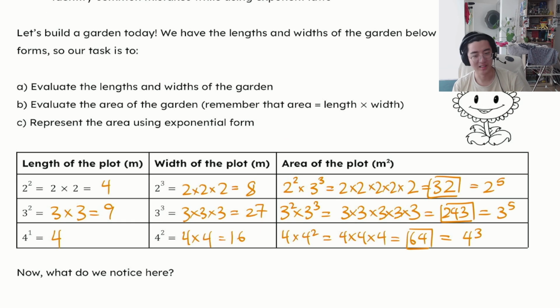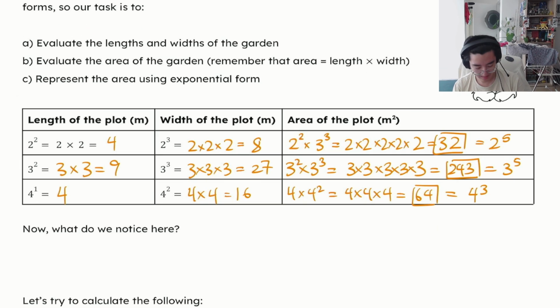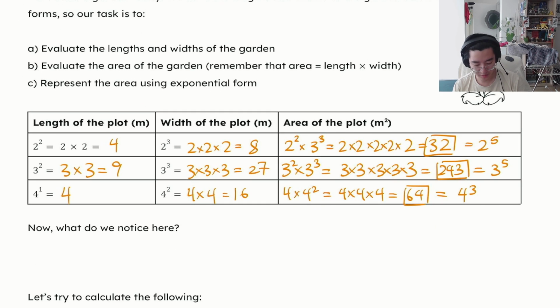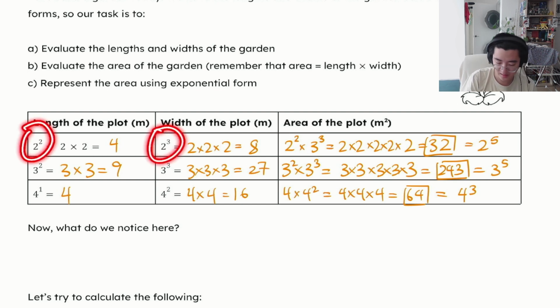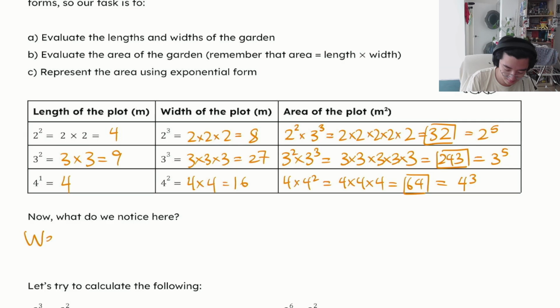So what do we do with all this? What patterns do we see here? When we multiply 2 squared and 2 cubed together, our result is 2 to the power 5. So whenever we multiply those together, we just add the exponents.